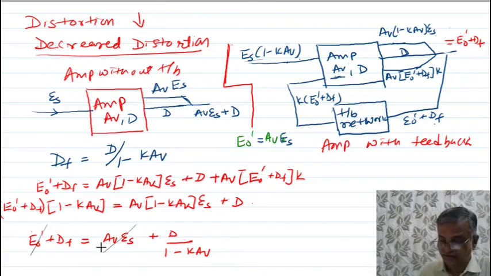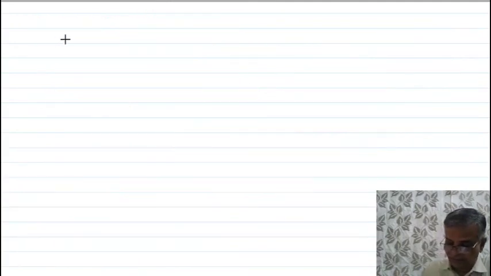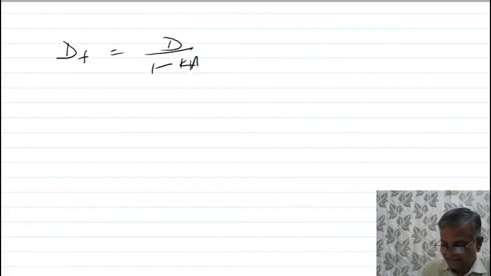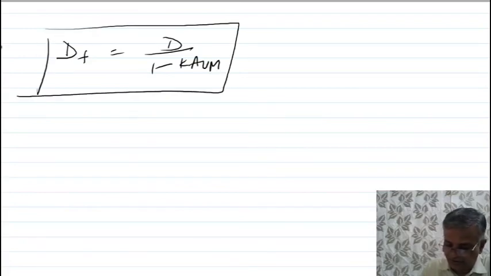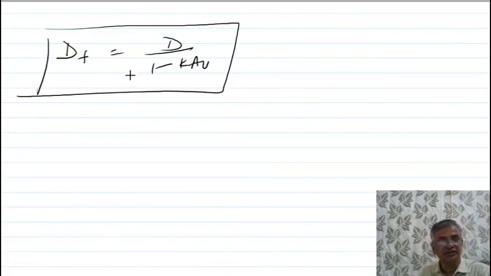So what is the distortion of the amplifier with feedback? Generally we write it like this. So the distortion of the amplifier with feedback decreases by how many times? 1 minus KAV times.